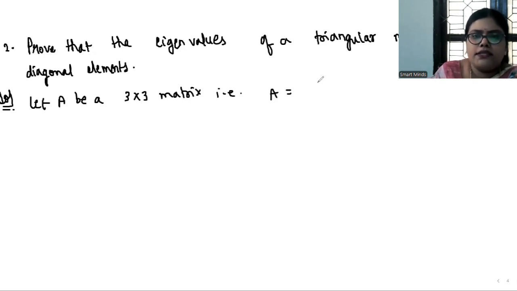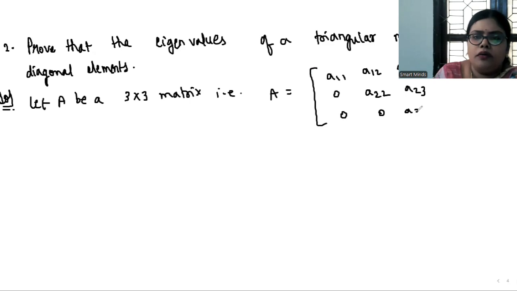That is A equals a11, a12, a13, 0, a22, a23, 0, 0, a33, be an upper triangular matrix.